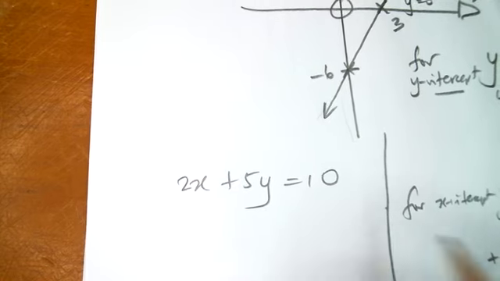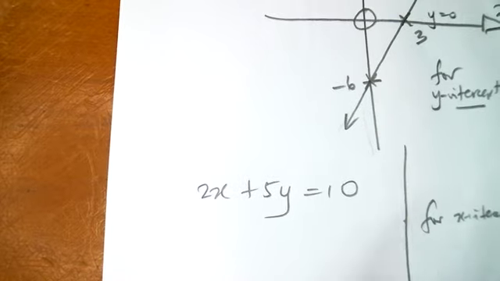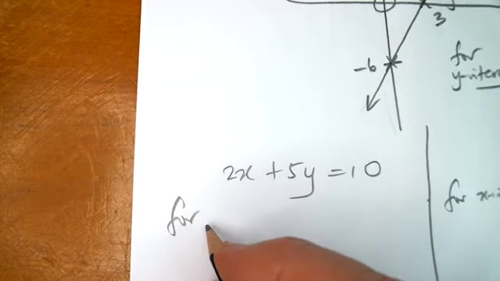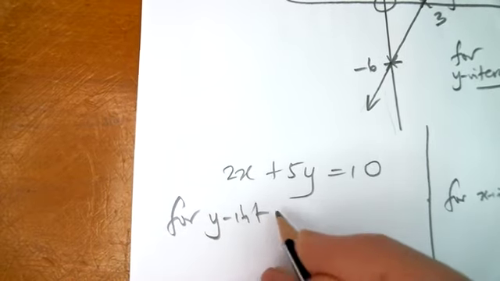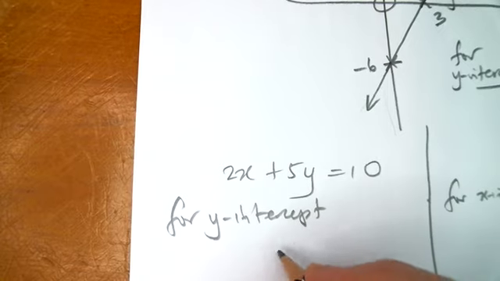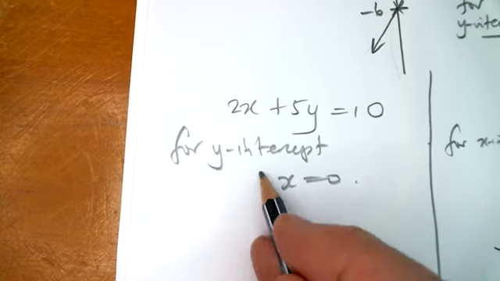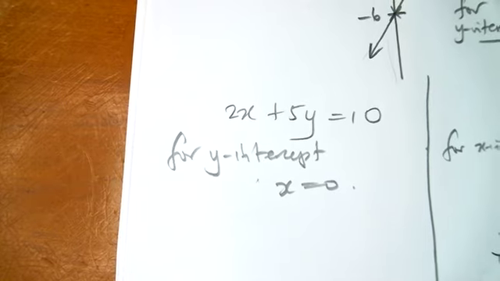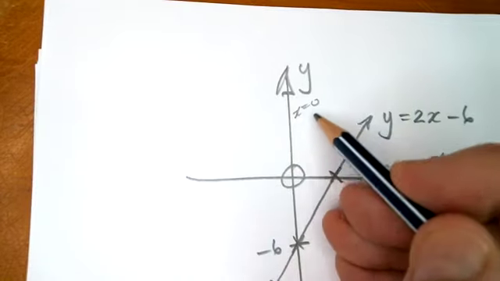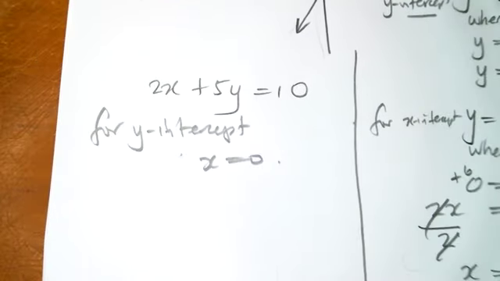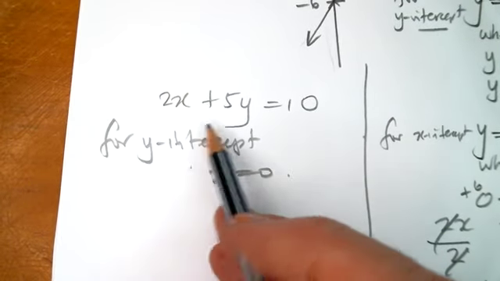So let's go ahead and do that, but this time writing it out. For the y-intercept, we're going to make x equals 0. Because when we draw this up, we know the x equals 0 line is where it crosses y, because the y-axis is the x equals 0 line. So we're going to find the coordinate.